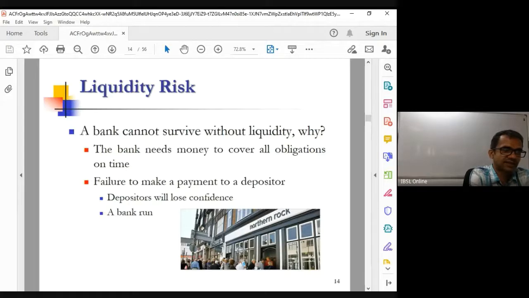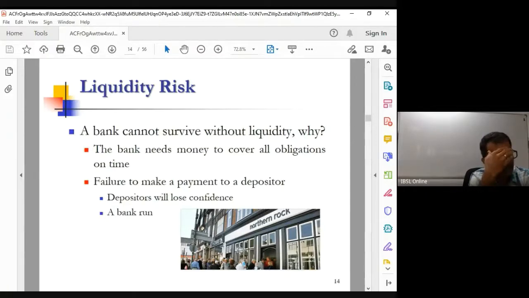What are the liquid assets? Cash. Cash is the most liquid form. Then, in the Sri Lankan context, treasury bills, treasury bonds, and repo transactions we can consider in a way that's liquid because those are maturing within a very short period, and there's a possibility that the other party agrees to unwind the repo transaction prematurely.